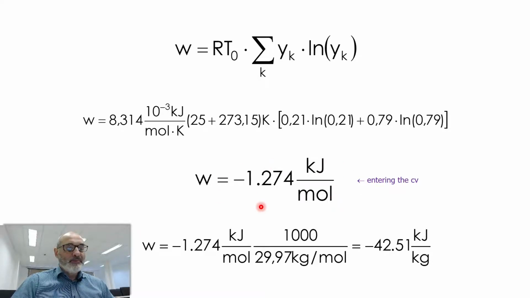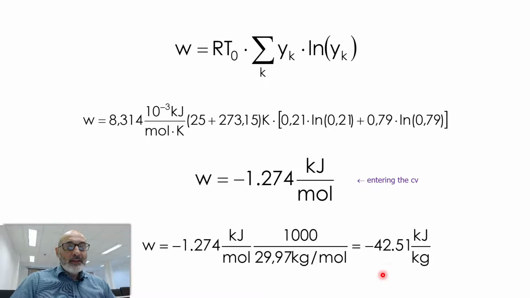What does this number mean? Well, first we can convert that to a kilogram basis by multiplying it by the molar mass of air, or of the atmosphere. So 1.274 kilojoules per mole is 42.51 kilojoules per kilogram.